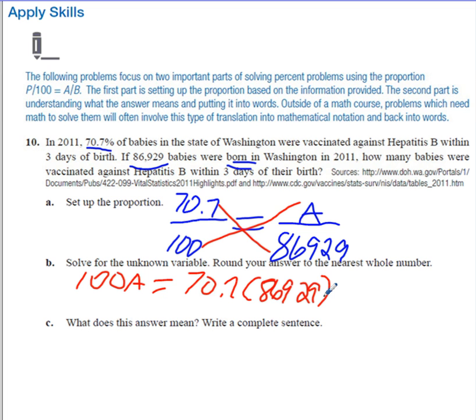But as you know, multiply 70.7 times 86,929, and then take that answer and divide it by 100. And it says round to the nearest whole number. And so we get A equals 61,459.